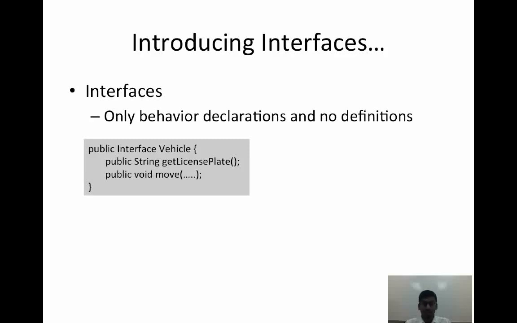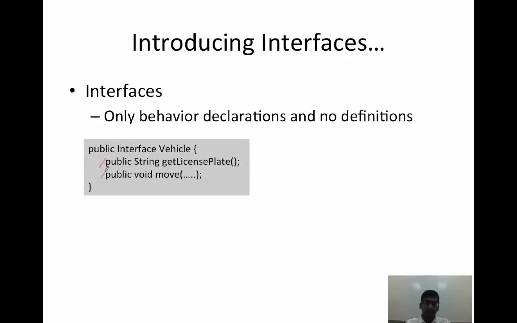If not, I wouldn't call it a vehicle. So the next step is to basically write down your entities and their high-level behavior. In this case, for vehicle, the high-level behavior that we have defined is to have a license plate and the ability to move.